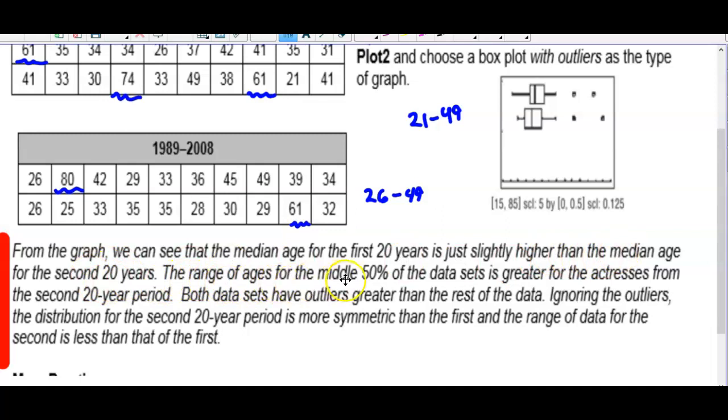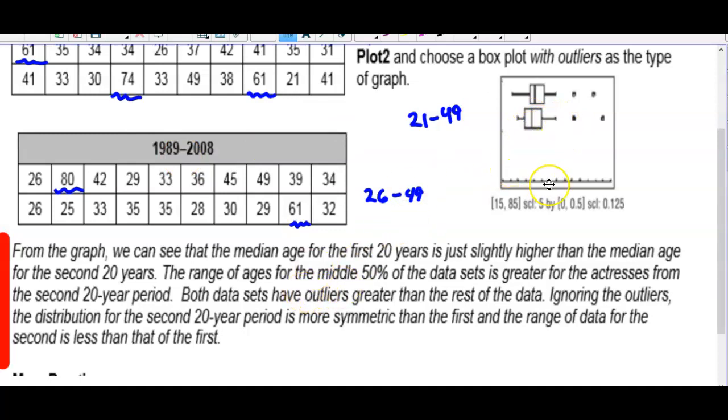The range of ages for the middle 50% is greater for the actresses from the second. So this difference, remember when I threw the outliers out, I was doing from minimum to maximum, so the length of the whole thing.